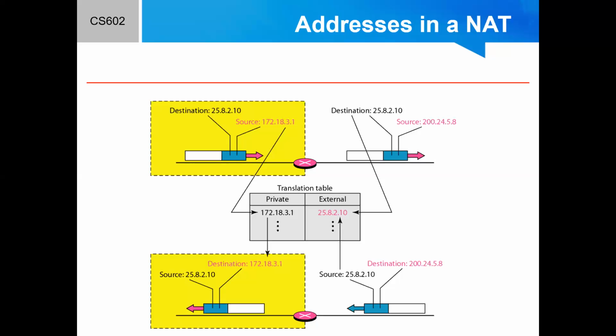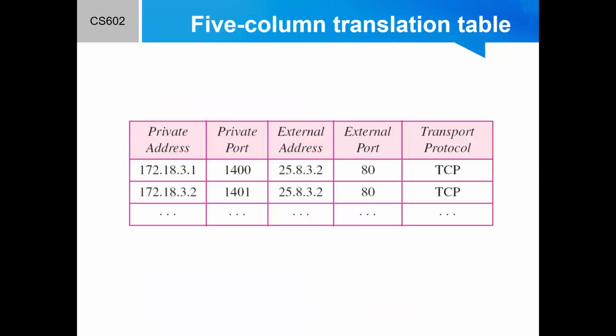For example, suppose two hosts with addresses 172.18.3.1 and 172.18.3.2 inside a private network need to access the HTTP server on external host 25.8.3.2. Right. If the translation table has 5 columns, instead of 2, that include the source and destination port numbers of the transport layer protocol, the ambiguity is eliminated.